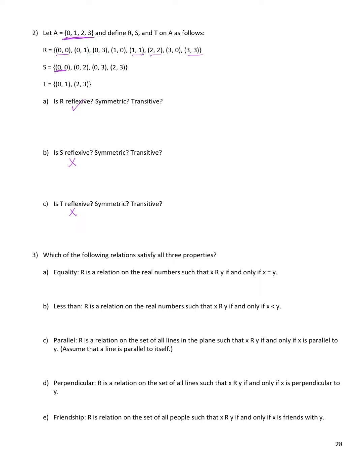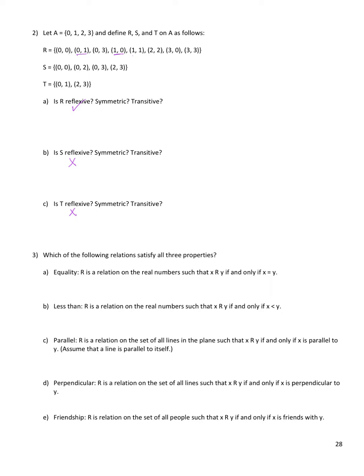All right, let's look at symmetry for the 3 sets. Okay, so symmetry says that if x comma y is in the set, then y comma x has to also be in the set. So if 0, 1 is in the set, then 1, 0 would have to also be in the set for symmetry, and it is.